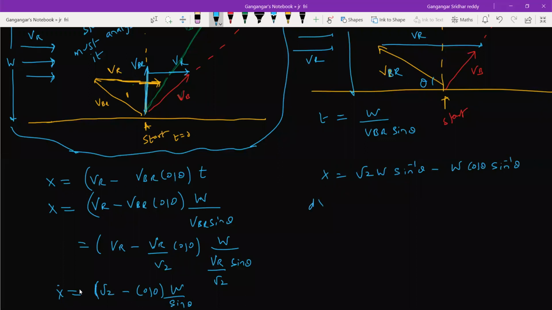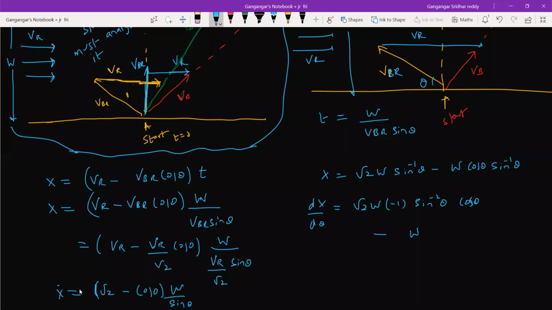Let's differentiate this. Root 2 W. So this will be minus 1. Minus of minus 1 will be minus 2. Derivative of sine theta will be cos theta.